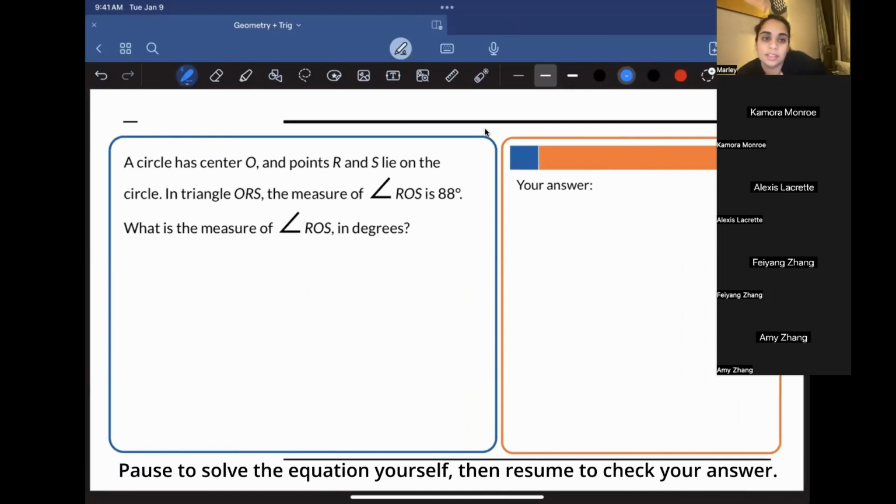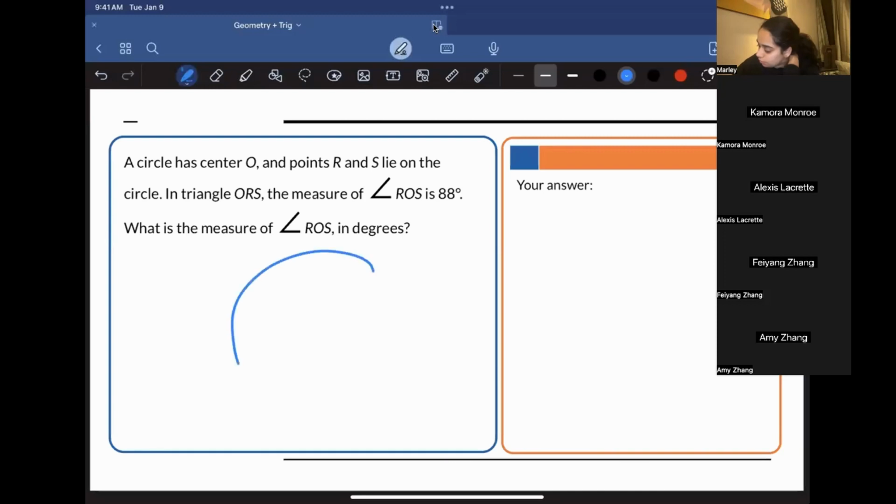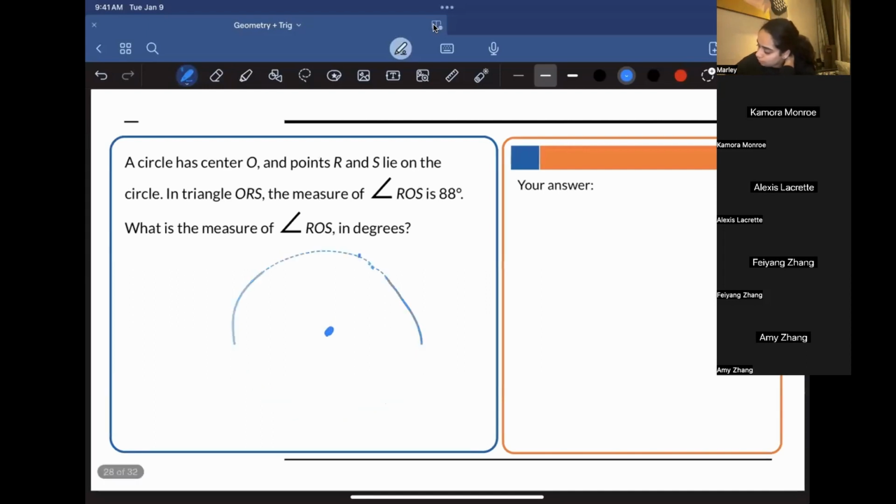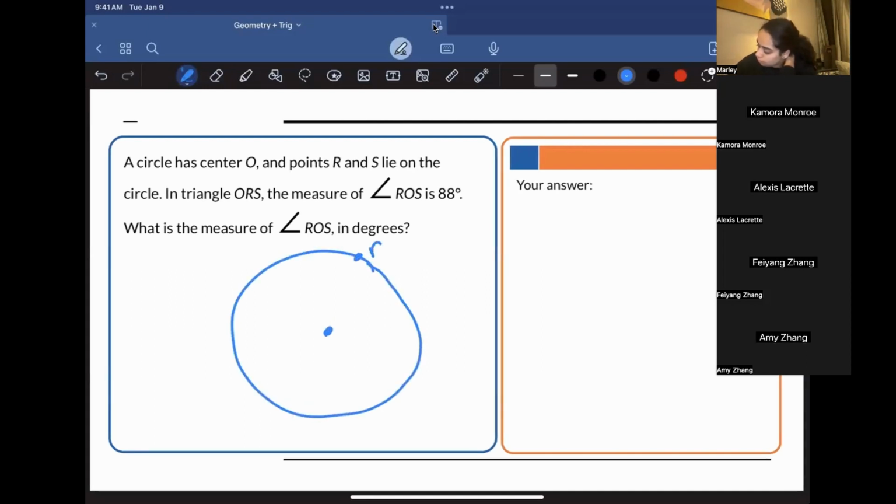Let's take a few minutes to do this one. Okay, this question's kind of funny. We have a circle with center O, and we have R and S on the circle.